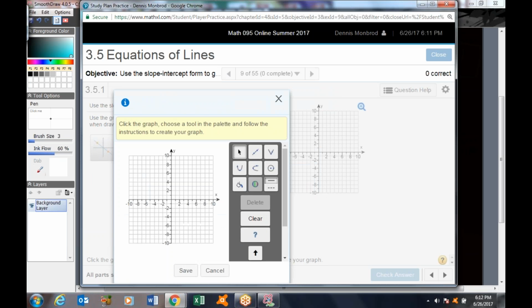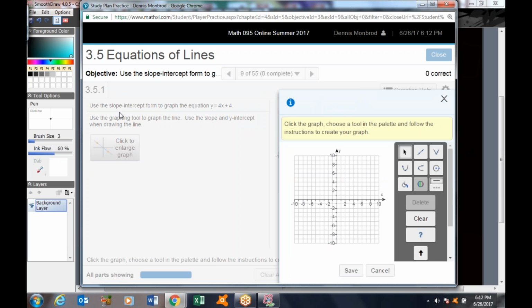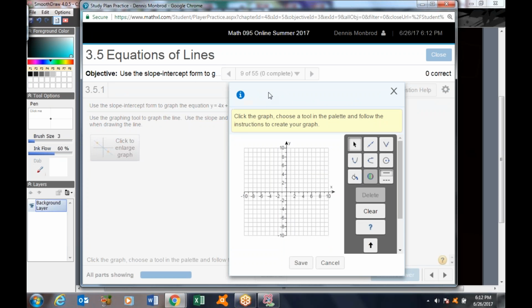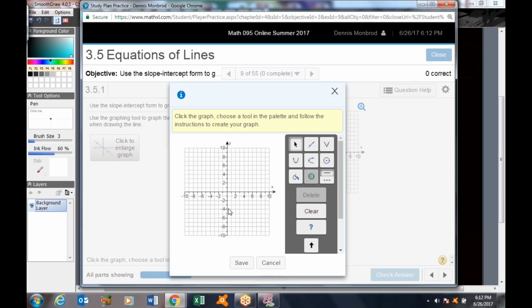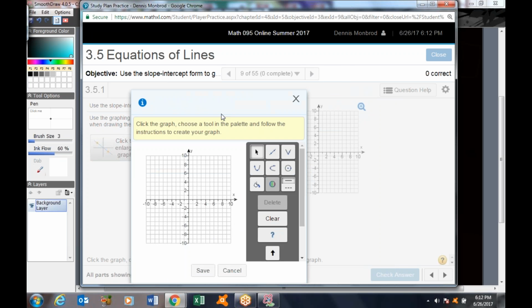They're asking us to use the slope-intercept form to graph the equation of this line, y equals 4x plus 4. So I'm going to do that in here. That's the equation I'm working with.